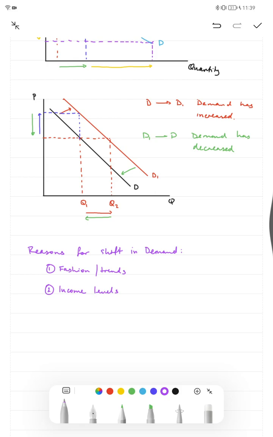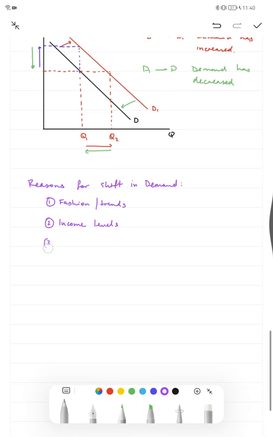So because you get paid more, maybe you're buying more bags of crisps, or maybe you're buying more clothes, or maybe you're buying more watches. Whatever your vice is, that tends to be the general assumption of why demand would increase.